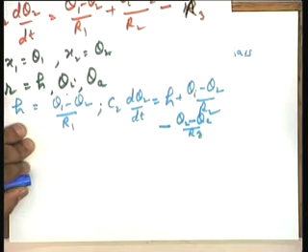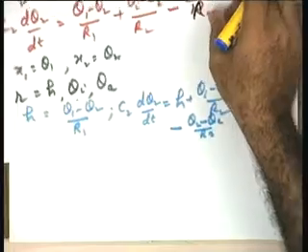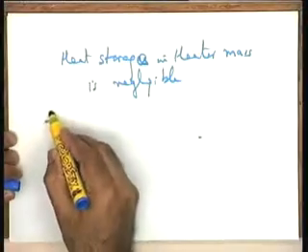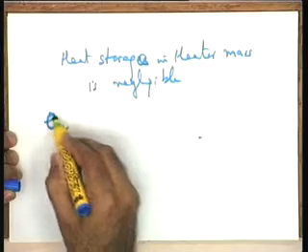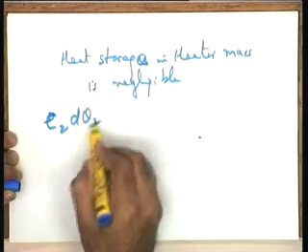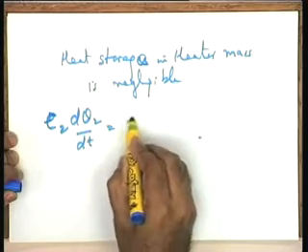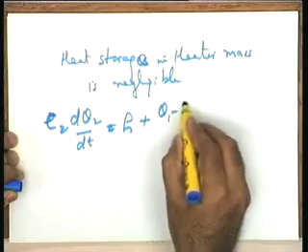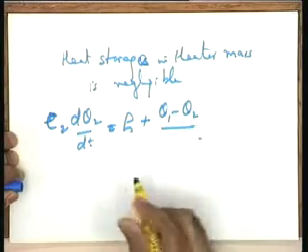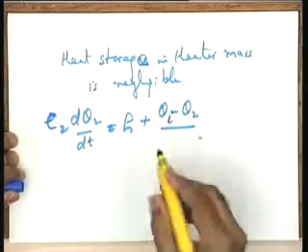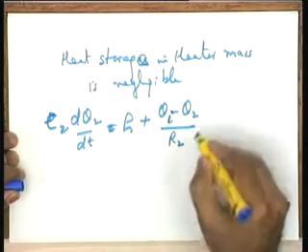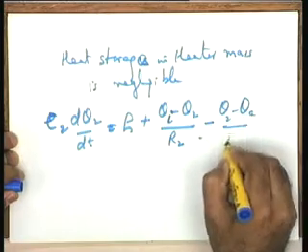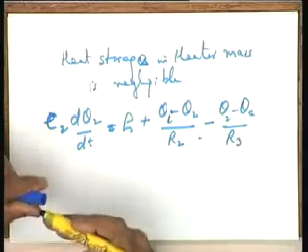This becomes our equation. I would like to rewrite this equation neatly. This very equation now becomes C2 d theta 2 by dt equal to H plus theta I, sorry, minus theta 2 by R2 minus theta 2 minus theta A by R3. I hope this is okay.